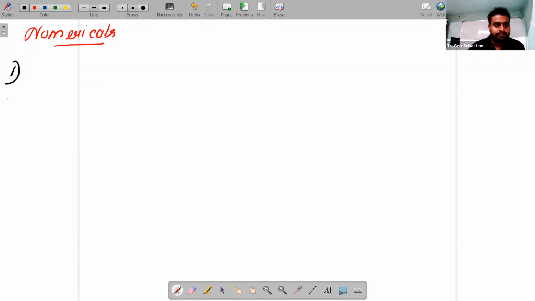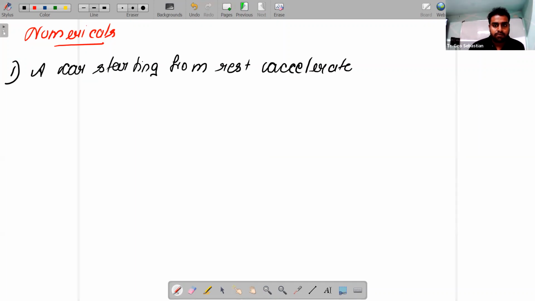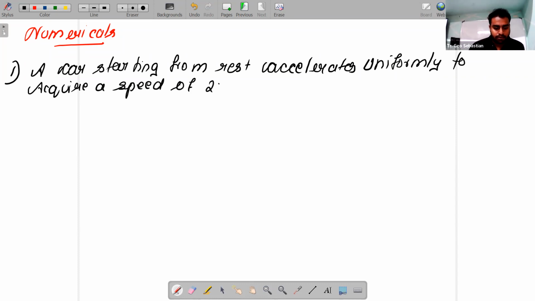A car starting from rest accelerates uniformly to acquire a speed of 20 km per hour in 30 minutes.